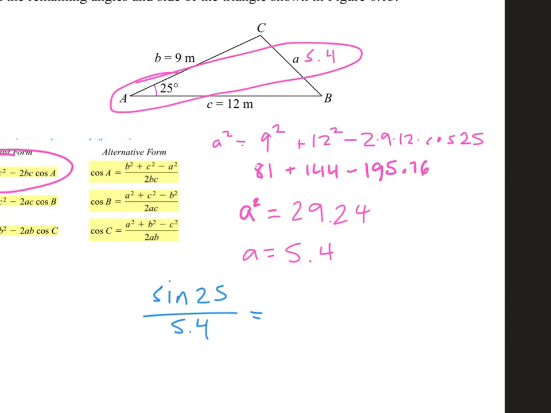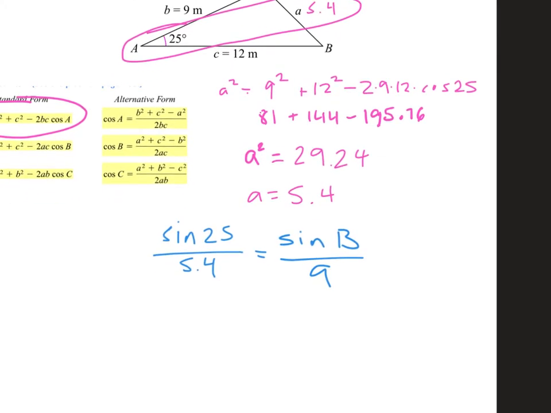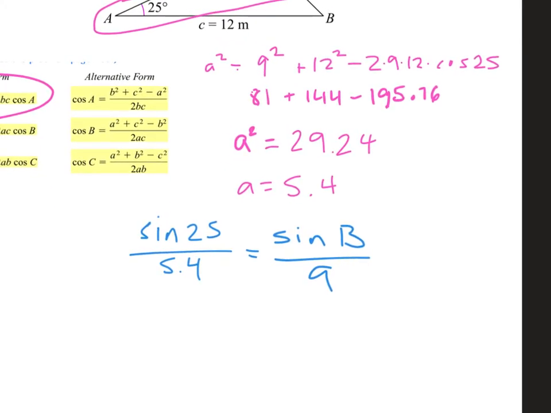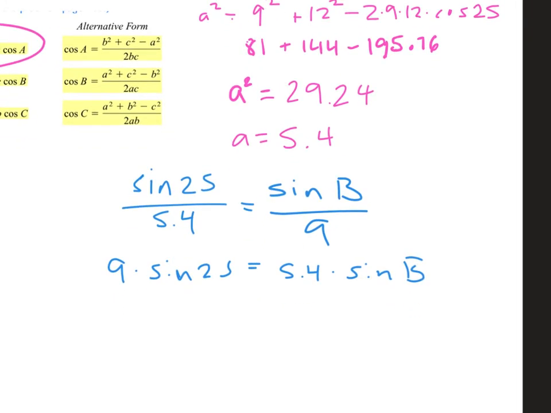Sine B over 9. How do we solve for B? Cross multiply, and then divide by 5.4.